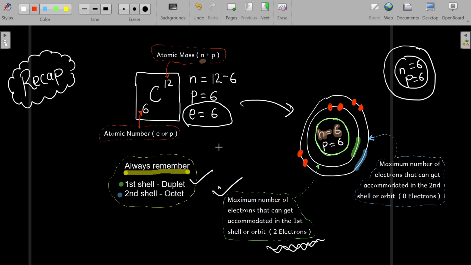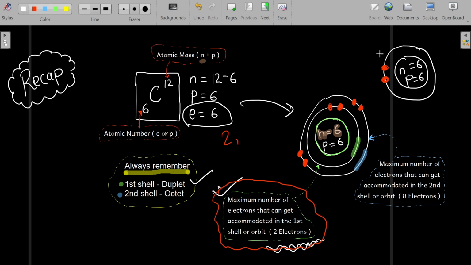So if we are going to accommodate the electrons in the first orbit, we will only be able to put 2 electrons, not more than that, because the maximum number of electrons that can come inside the first shell or orbit is 2.